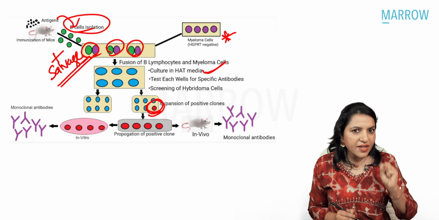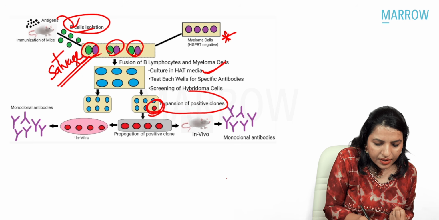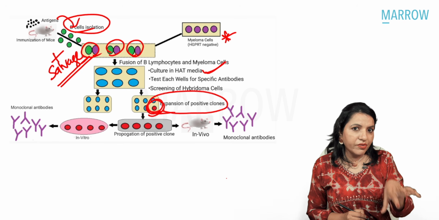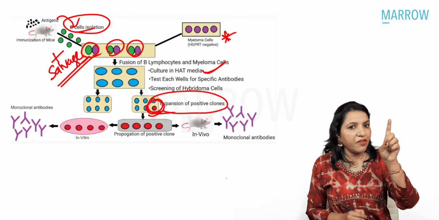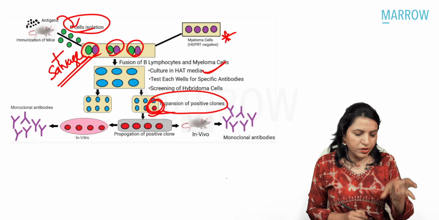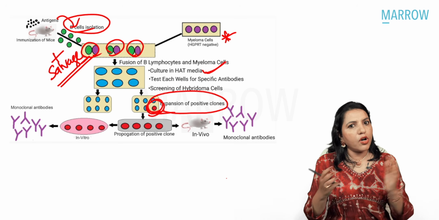Now we are harvesting these cells, and we are cloning this harvested hybridoma cell with the antibody. These hybridoma cells are cloned either in vitro or in vivo.